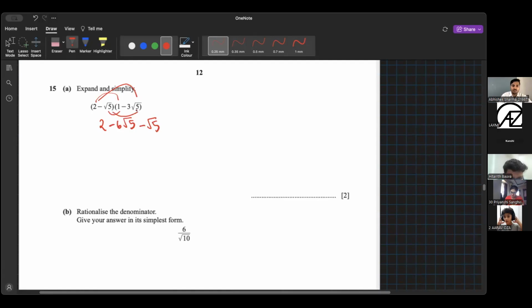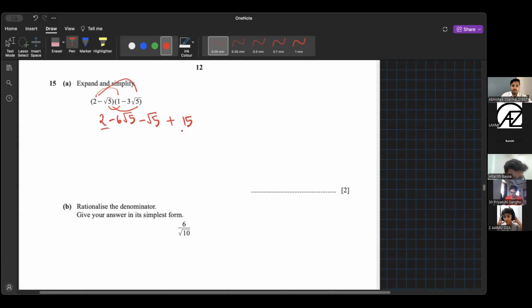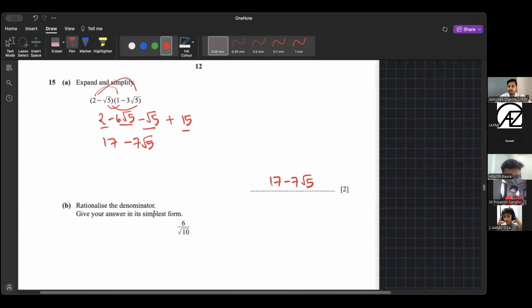And minus root 5 into 3 root 5, so minus minus plus, root 5 into root 5 is 5, 5 into 3 is 15. Now 15 and 2 will be 17, minus 6 root 5 minus root 5 will be minus 7 root 5. And that's the answer: 17 minus 7 root 5 for question number 15. Done?